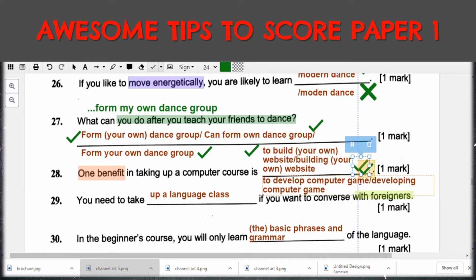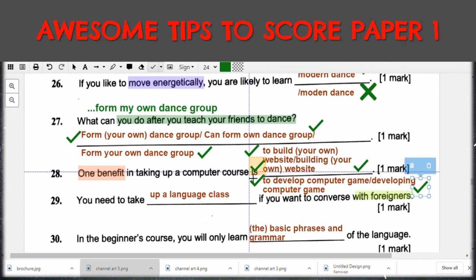So can be accepted. Now, if your answer is to develop computer game, 1, 2, 3, 4 words, still can be accepted because we cannot write more than 5. Is developing computer game, 1, 2, 3, still can be accepted.